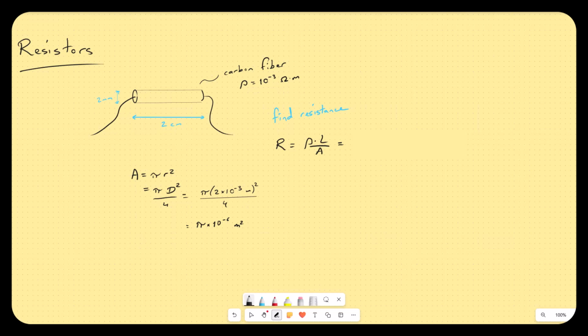I can plug that into my resistance equation. I'm going to get 10 to the negative third ohm meters times 0.02 meters divided by pi times 10 to the minus 6th square meters. And that gives me my total resistance value of 6.37 ohms.